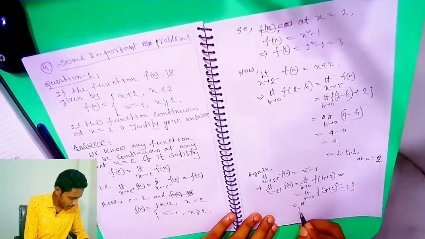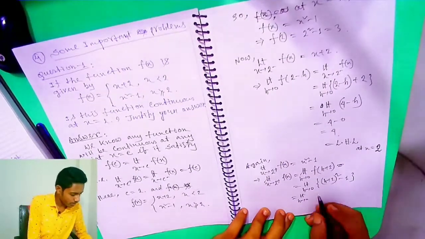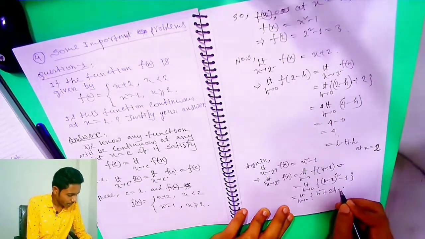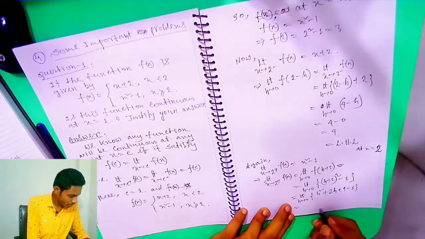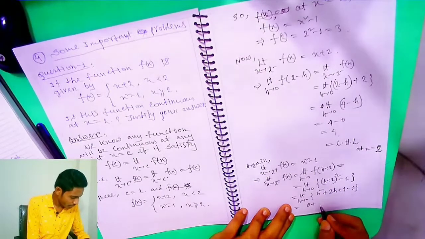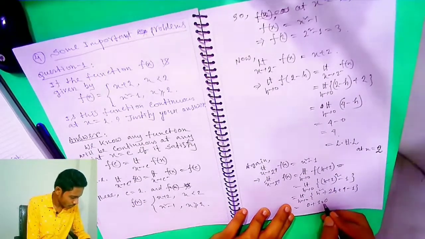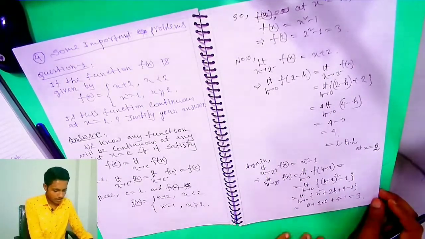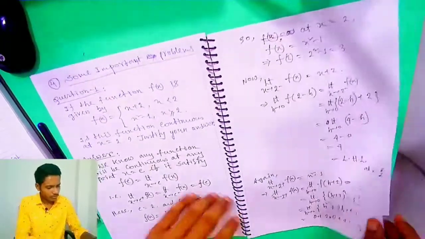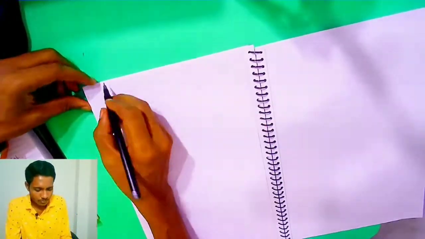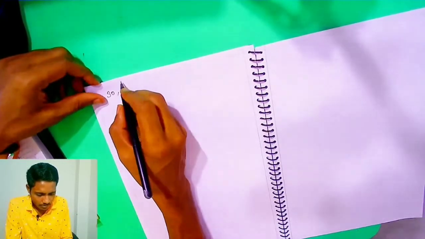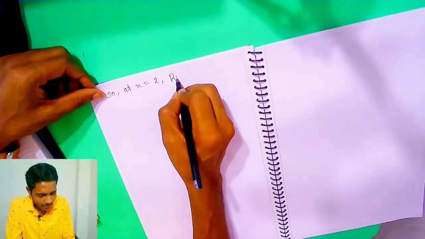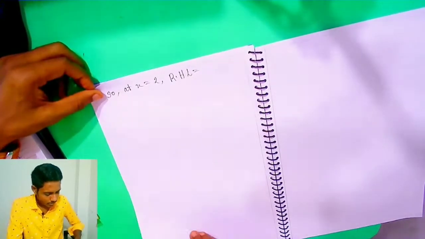This is equal to limit h tends to 0, h square plus 4h plus 4 minus 1, which is equal to 3. So at x is equal to 2, right hand limit is equal to 3.